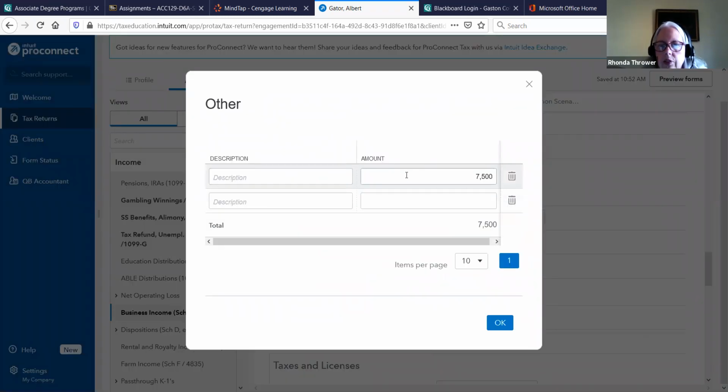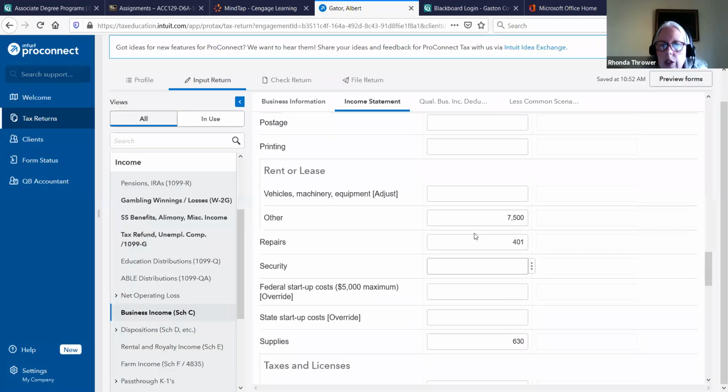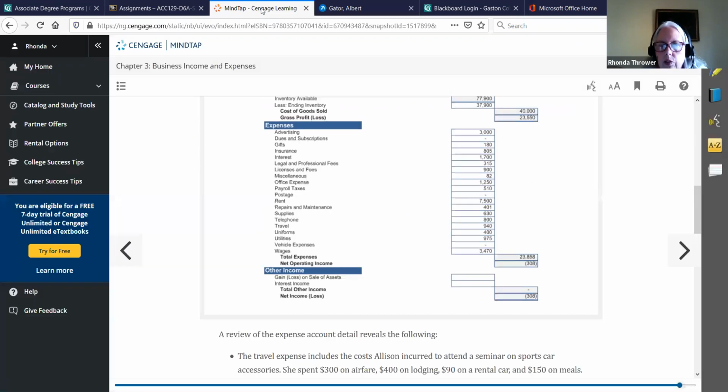And I didn't really list any details about that, but you could have here. I just entered in the amount of 7,500. So it went into rent, and it probably was for the store building, but they didn't really tell us too much about that rent. They just said it was rent. So that's the best place to put it.